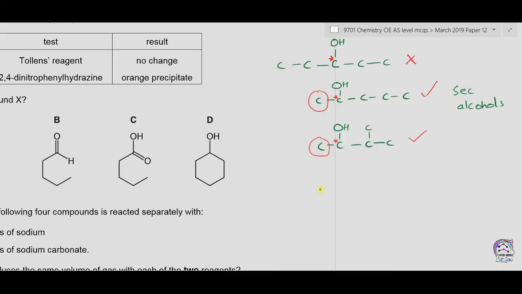Now moving toward tertiary alcohol structures, we have OH which is attached to the carbon atom which is directly attached to 3 other carbon atoms, and as there are 5 carbons in total, we can draw it like this. This is the only possible structure for a tertiary alcohol.